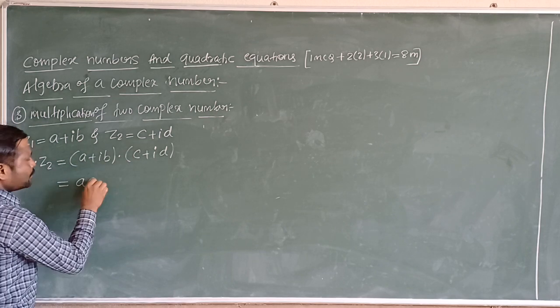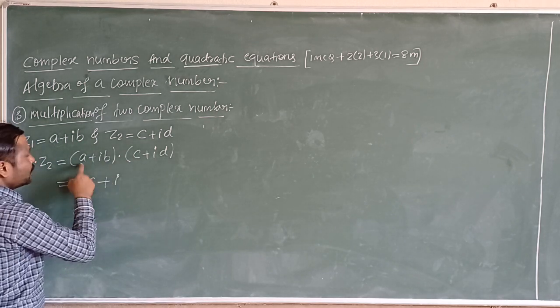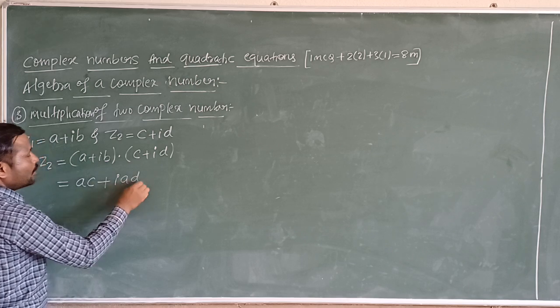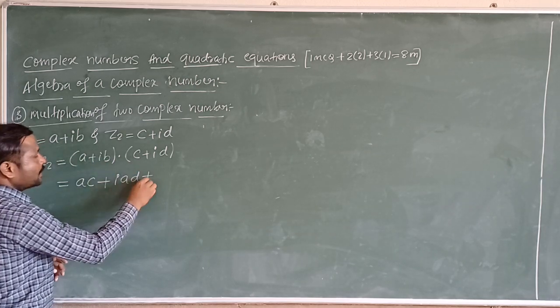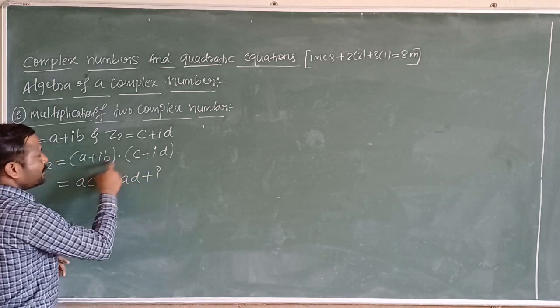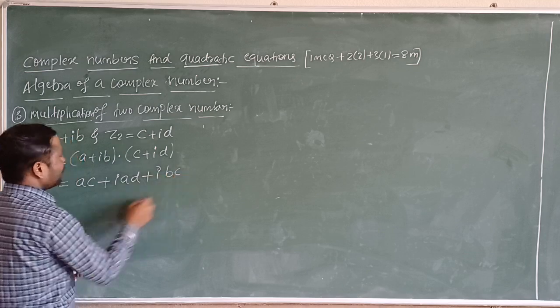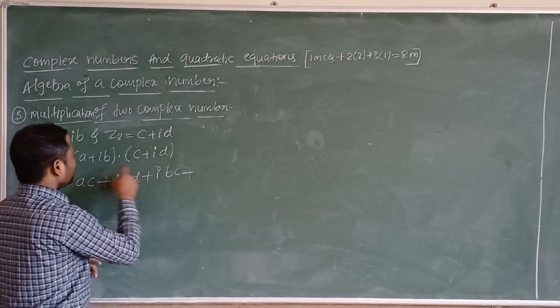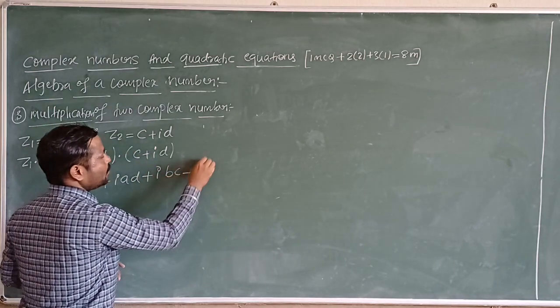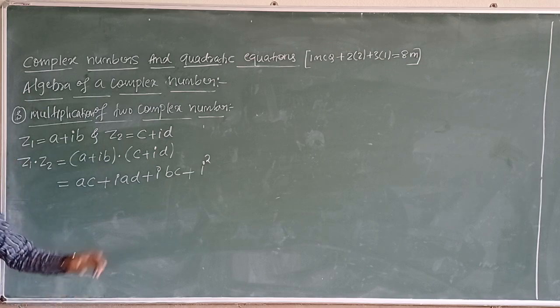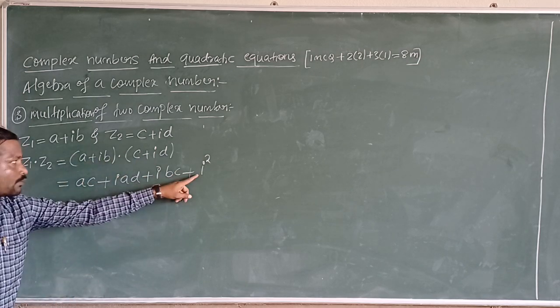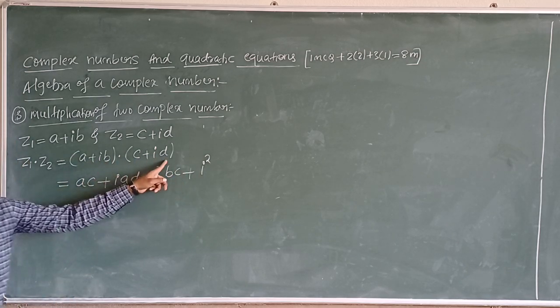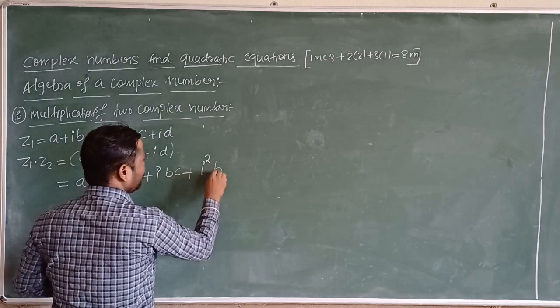Plus into plus, plus i as it is, a into d, that is ad. Plus into plus, plus i as it is, b into c, that is bc. Next, plus into plus, plus i into i, that is i square, into b into d, that is bd.